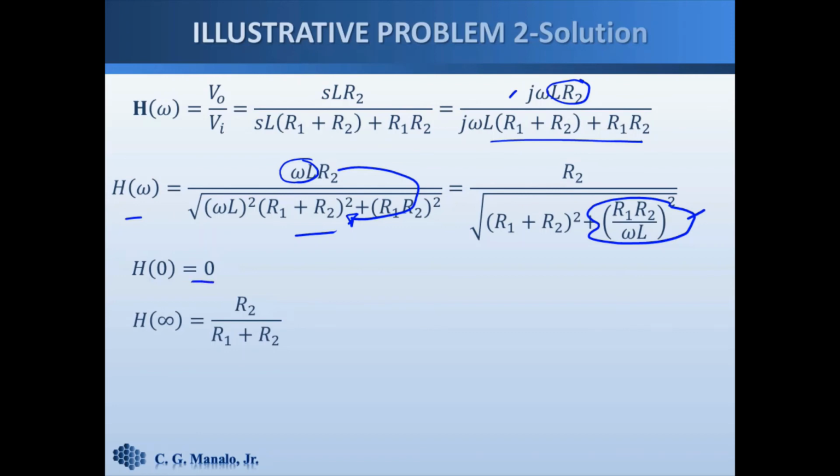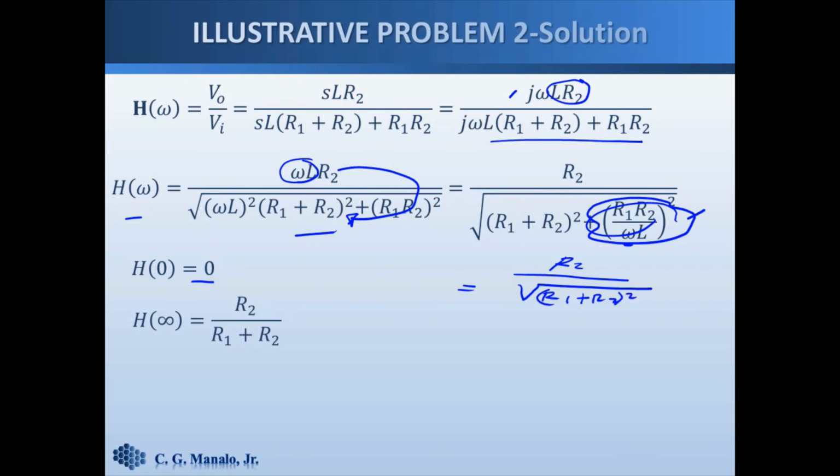On the other hand, if we let this be infinite, this becomes a 0. So therefore, this becomes R2 divided by the square root of (R1 plus R2) squared.